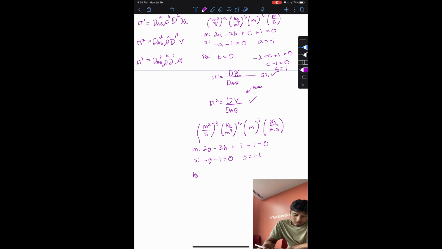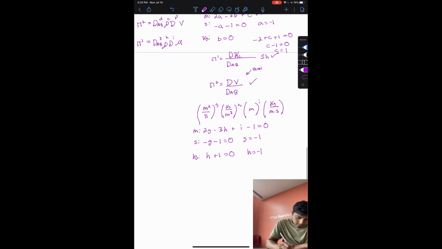What about this one? 1. So it's H plus 1 equals 0, so H equals negative 1. So let's plug it in. Negative 2 plus 3 plus I minus 1 equals 0.